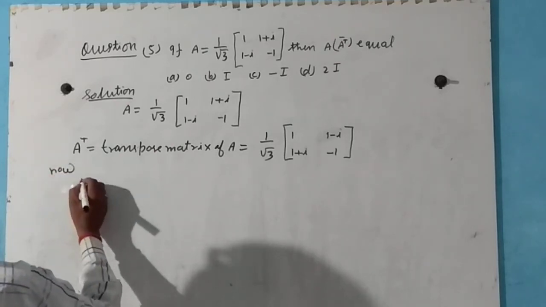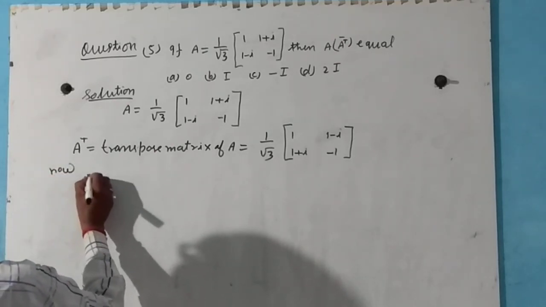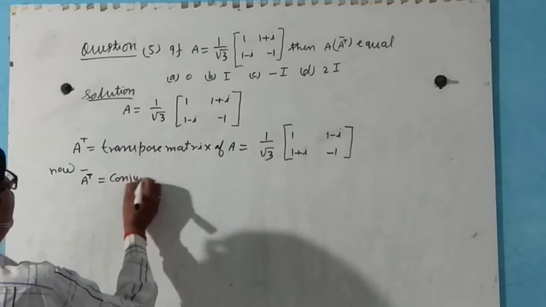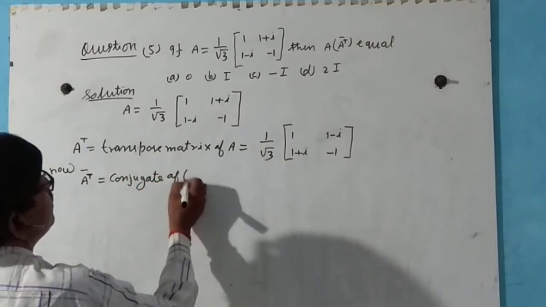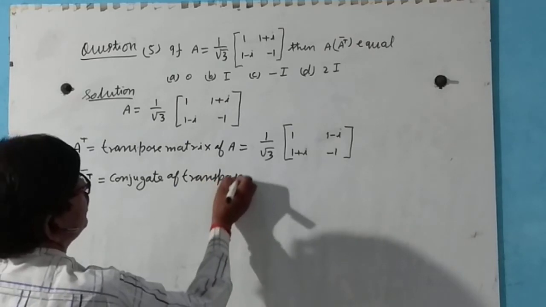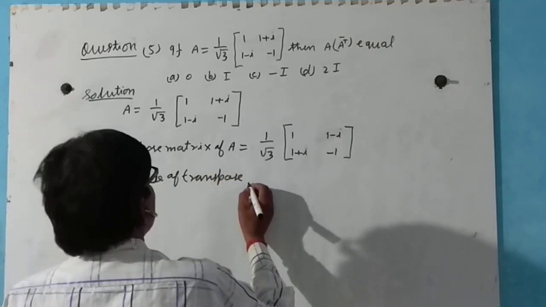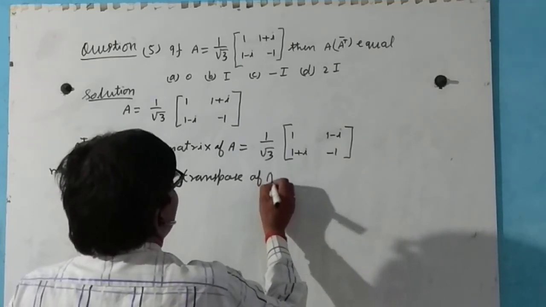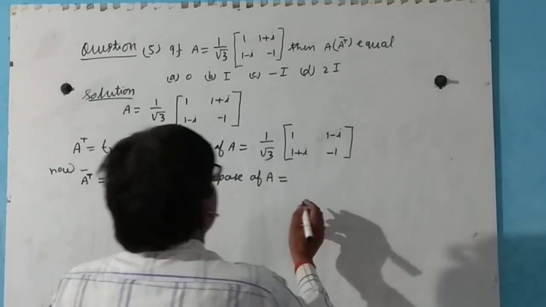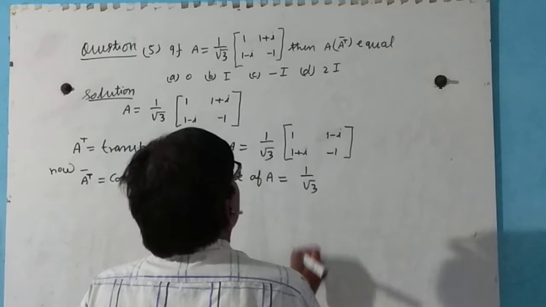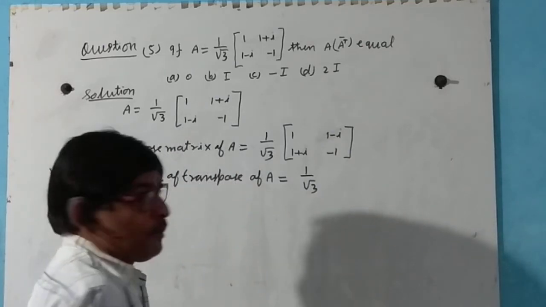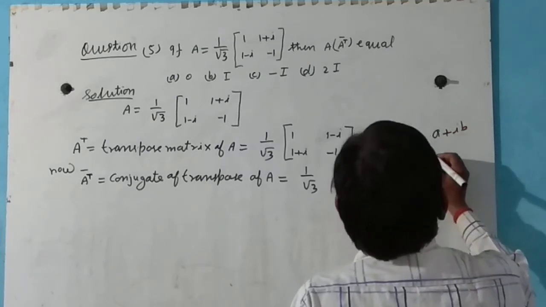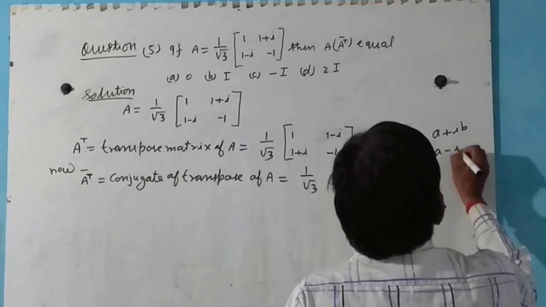Now the conjugate of transpose of A is equal to 1 by root 3, and in this case, if a plus ib is any complex number, then its conjugate is a minus ib.